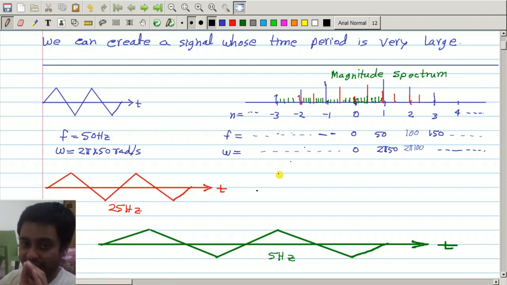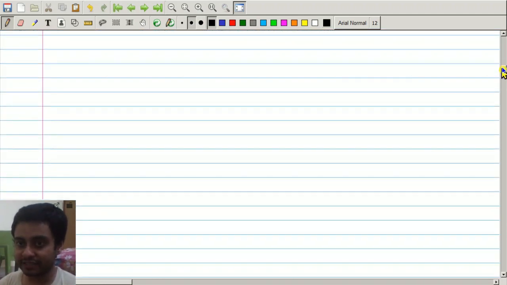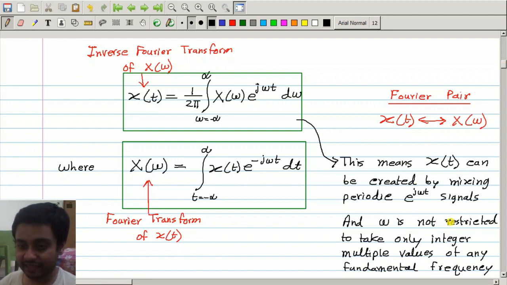And in the extreme case, when you consider a non-periodic, aperiodic signal, then these harmonics will be so densely packed that there won't be any gap between two consecutive components or harmonics. That's what we are now seeing in our Fourier transform formula, that omega can take any fractional value, not only integer multiples of some fundamental frequency.